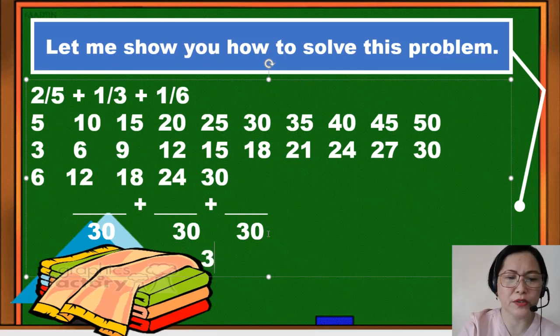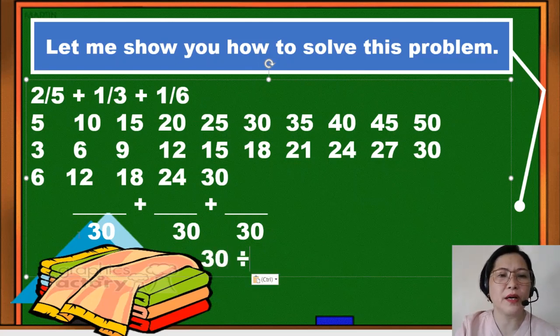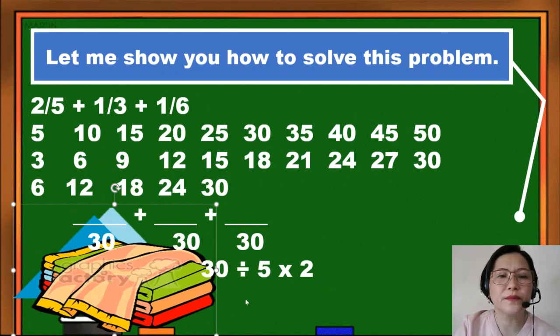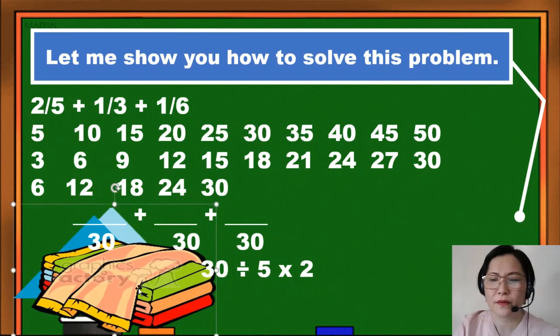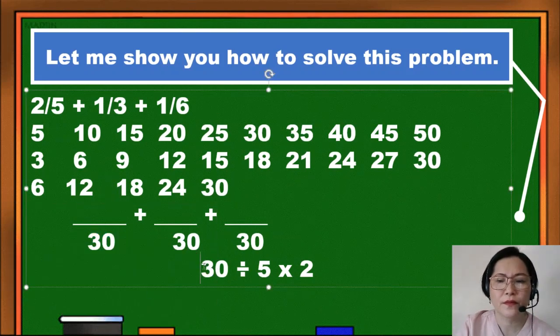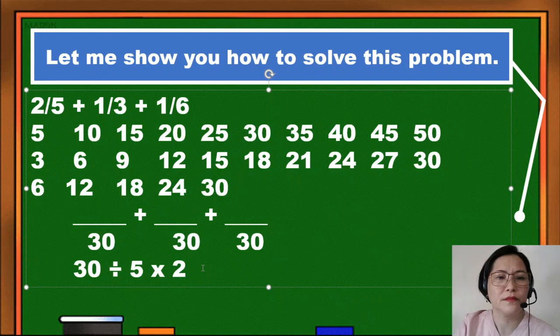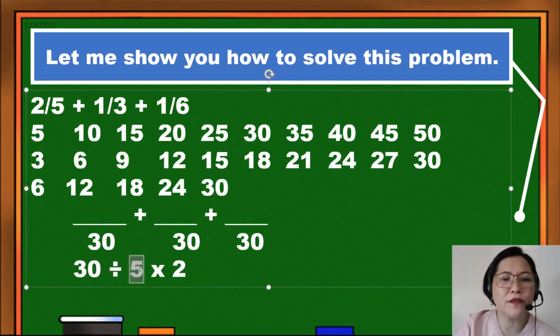So that will be 30 divided by 5 times 2. So what will that be? 30 divided by 5 is 6, times 2 is 12. So we'll write here 12.